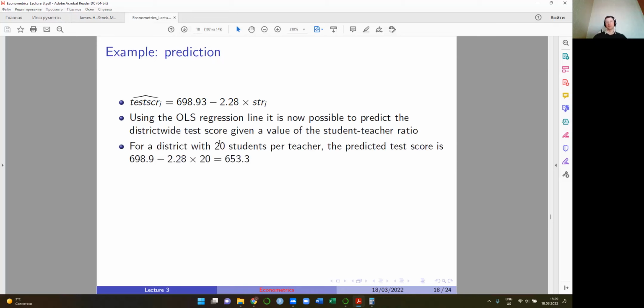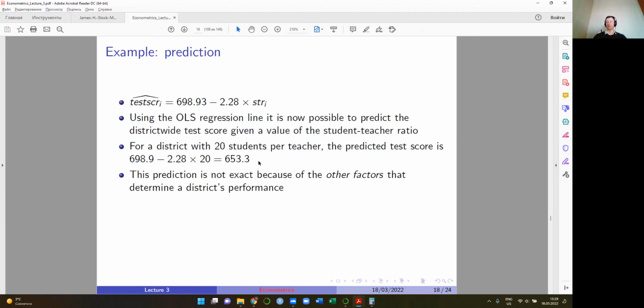If a district has 20 students per teacher, the predicted test score is here, 698.9 minus 2.28 multiplied by 20. Instead of the student to teacher ratio, you put 20, and then you calculate this 653.3. So on average, we expect that a district with 20 students per teacher will have that much of a test score. Nothing difficult, like an exercise for the second grade of school.